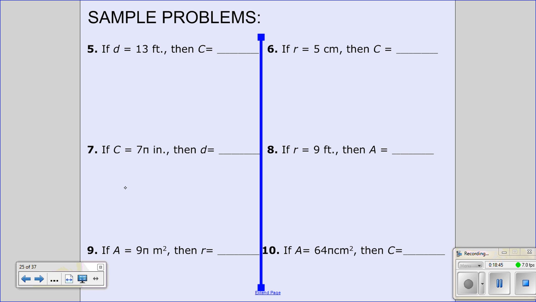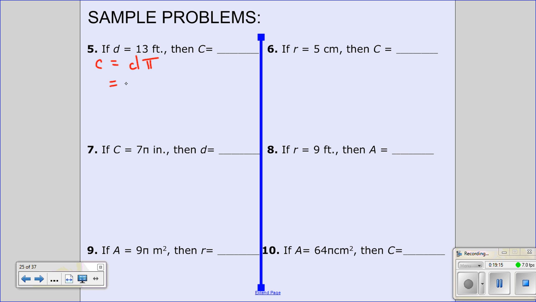Alrighty. I will do the left side of these sample problems, leaving you to complete the right side on your own. So number 5 says, if D is equal to 13 feet, then C is equal to what? So C stands for circumference, and circumference is equal to diameter times pi.